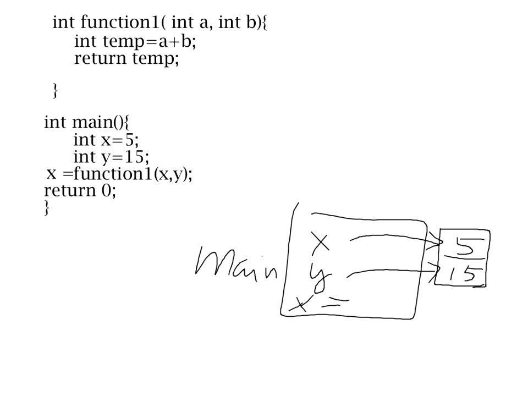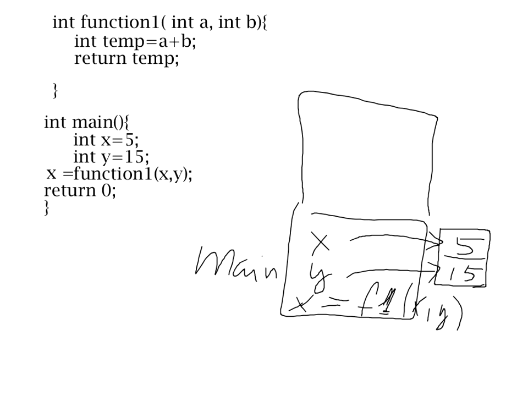Now when we are calling X equals, let's just shorten it, and I'm going to call it F1, function 1, comma, X and Y. When we get to that point, main goes to sleep, and then function 1 is built up.